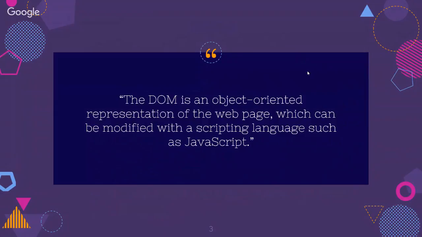Essentially, this means that it's an object of the web page. Here, the web page symbolizes all the HTML we've written to construct it, which can be modified with a scripting language such as JavaScript. This tells us that the DOM is not part of JavaScript, and it can be modified by all scripting languages, which, of course, includes JavaScript.